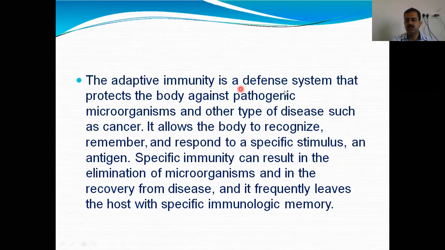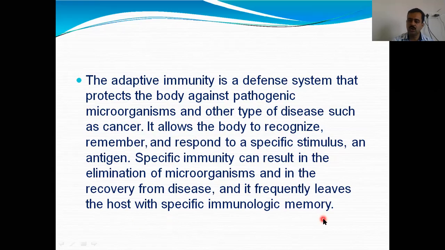Adaptive immunity is a defense mechanism that protects the body against pathogenic microorganisms and other types of disease such as cancer. It allows the body to recognize, remember, and respond to specific stimuli and antigens. Specific immunity can result in the elimination of microorganisms and recovery from disease, and it frequently leaves the host with specific immunological memory.